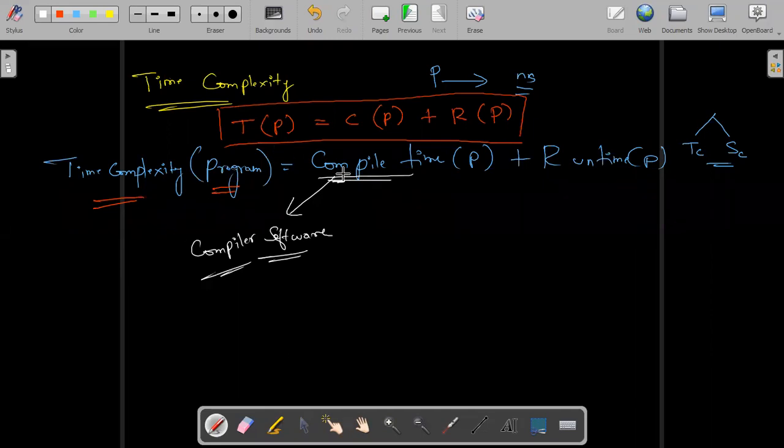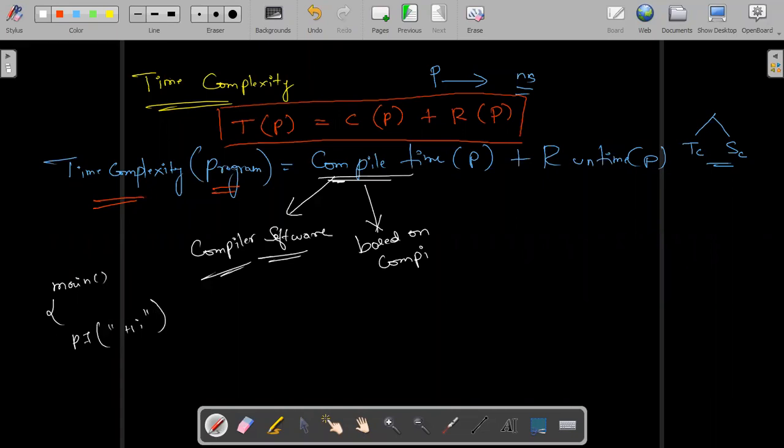How will we identify the compile time? Basically using the compiler, based on the compiler. Please understand, I need a compile time. Please execute a program. Suppose a main function is there, and inside it printf, hi.